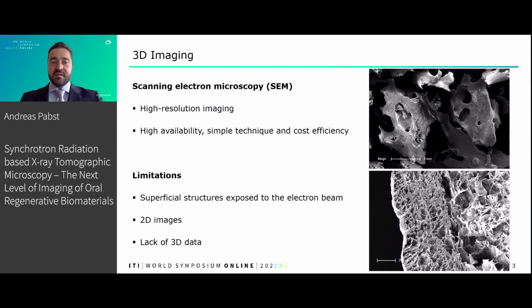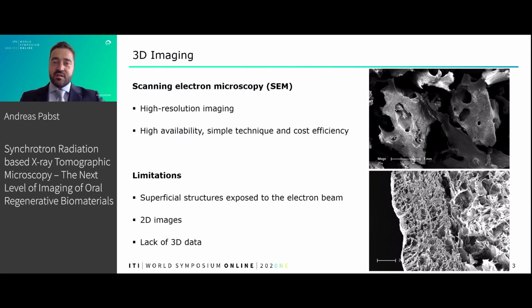In this context, scanning electron microscopy, SEM, has the advantages of high-resolution imaging and a high availability, a simple technique, and a sufficient cost efficiency.